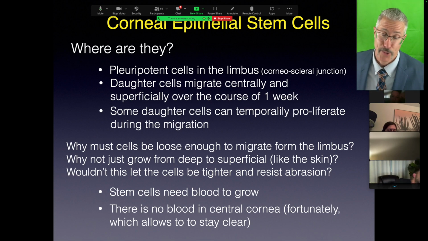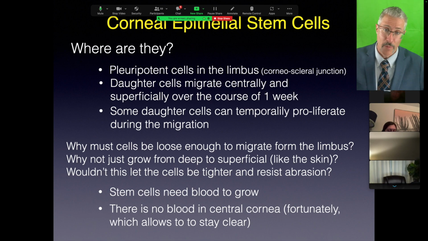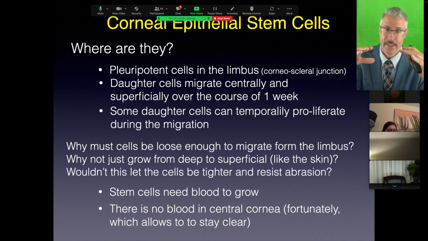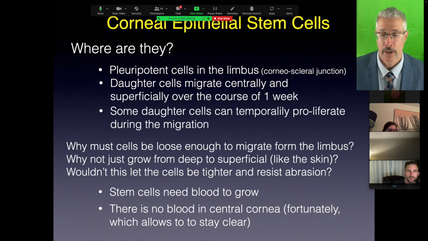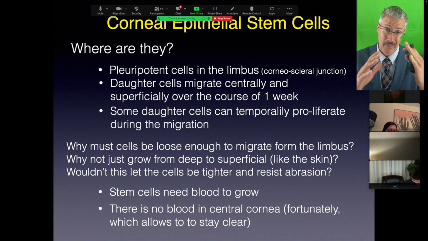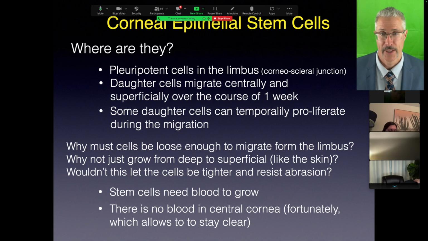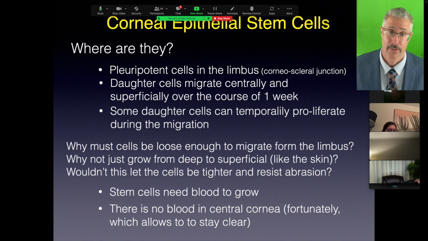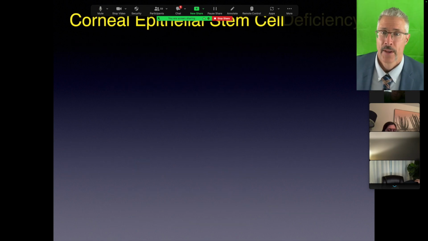So you have to be loose enough to grow from the periphery where your blood supply is, or else you can't slide and glide. And of course, biology tends to occur as a bell curve. So there's going to be some who are less loose than others, and they're the ones who get the erosions. But it has to be loose enough to spread from its blood supply.